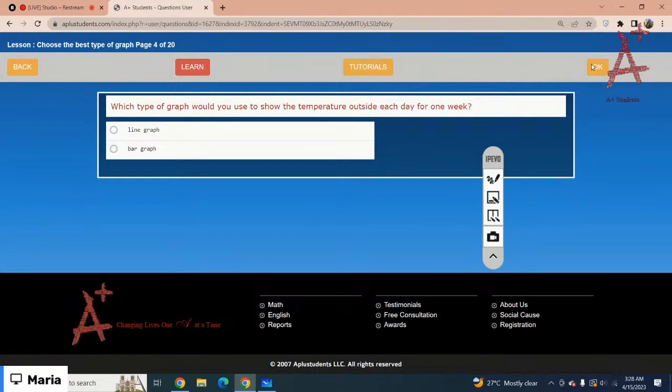What type of graph would you use to show the temperature outside each day for 1 week?